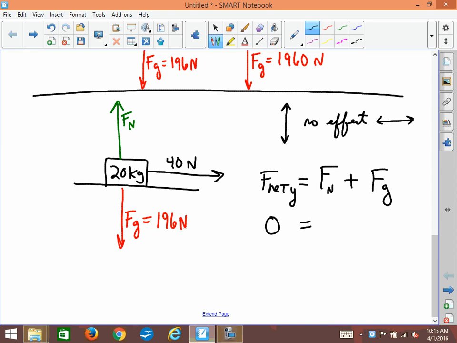Its velocity up and down vertically will stay at zero. It will accelerate to the right, but that's not part of F net Y, and that has no effect on the vertical forces. So the normal force will end up being the exact same, right?